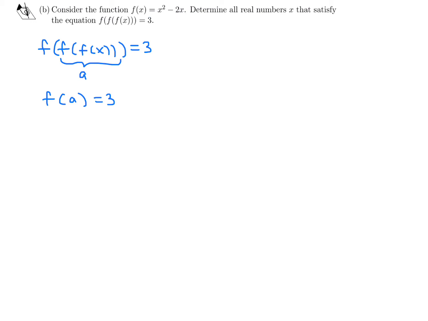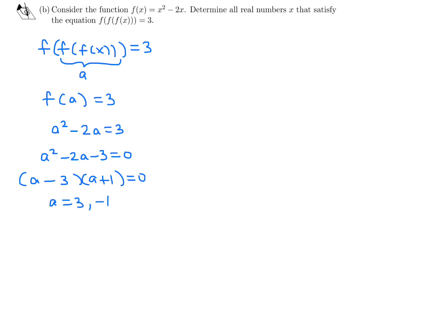And I can use that formula. So that means that a squared minus 2a is equal to 3. So put everything on one side, and when you do, you can easily put it into that format and factor it. So that means a is equal to 3 or negative 1.